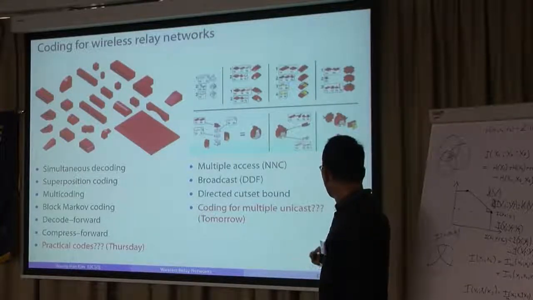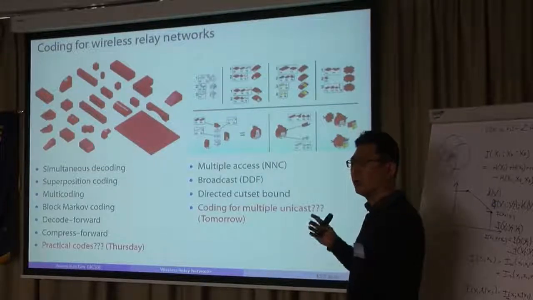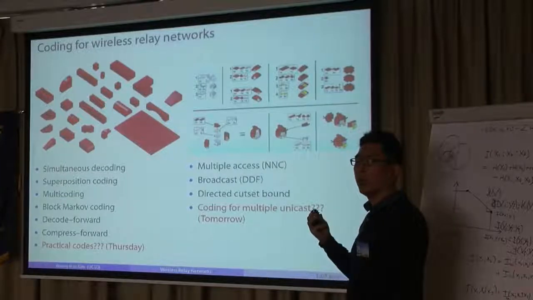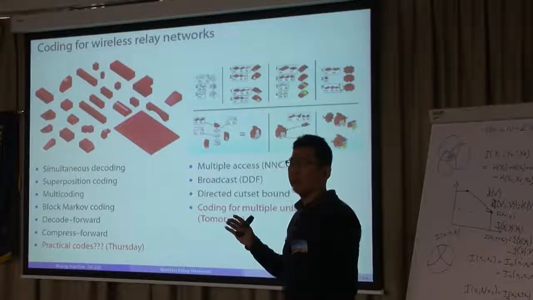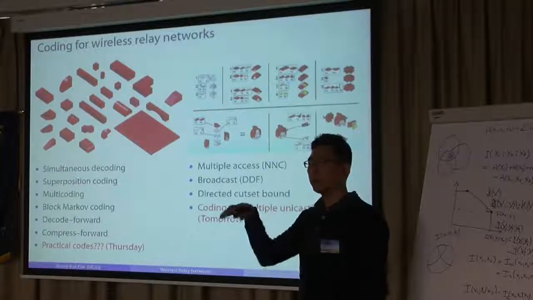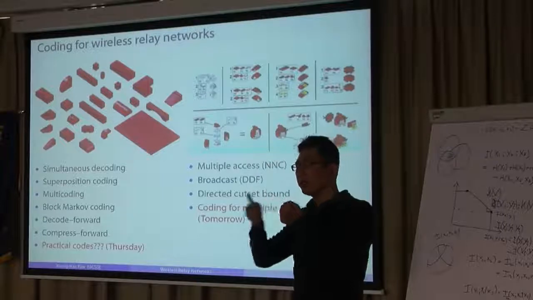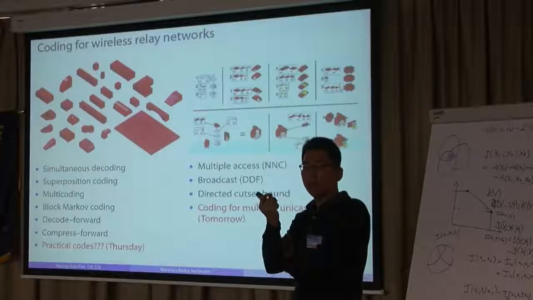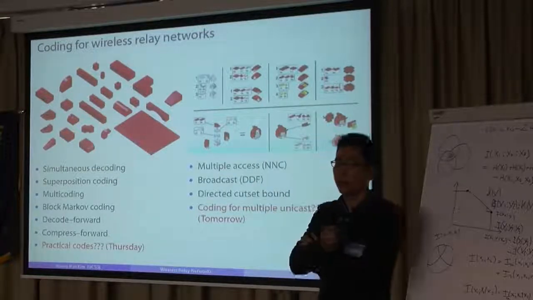What is really to be done is how we are going to do the coding for multiple unicast. And the multiple unicast coding problem is very, very difficult. Even if you remove noise in the network, if you just look at the network modeled by a graph with noiseless links, the wireline network, even there we don't know how to solve multiple unicast, even for the two-unicast problem.